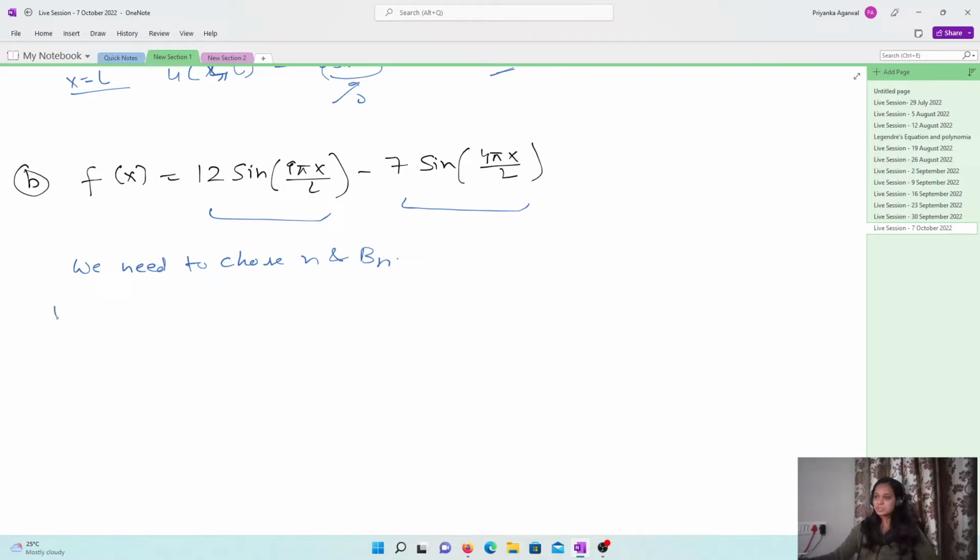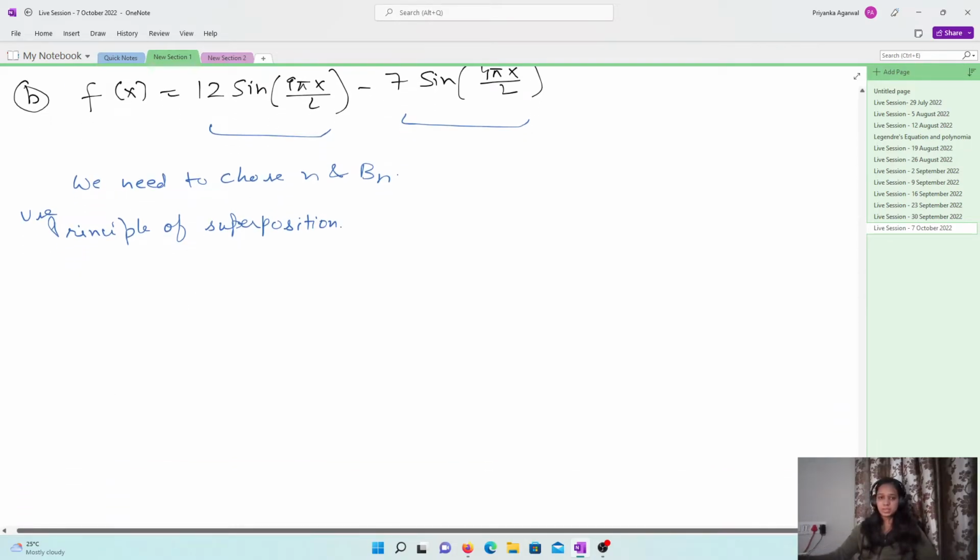So we will use the principle of superposition here.